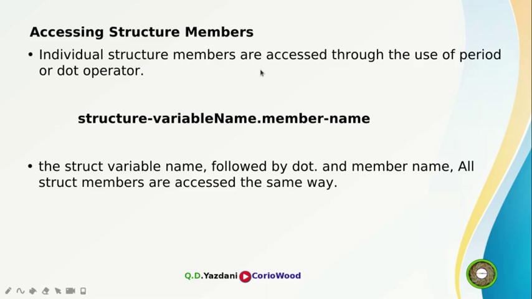We have a single structure, an array of structures, structures as function arguments, and dynamic structure allocation. So there are four. I'm going to repeat again: single structures, array of structures, structures as function arguments, dynamic structure allocations. We're going to discuss all of this in the next videos.